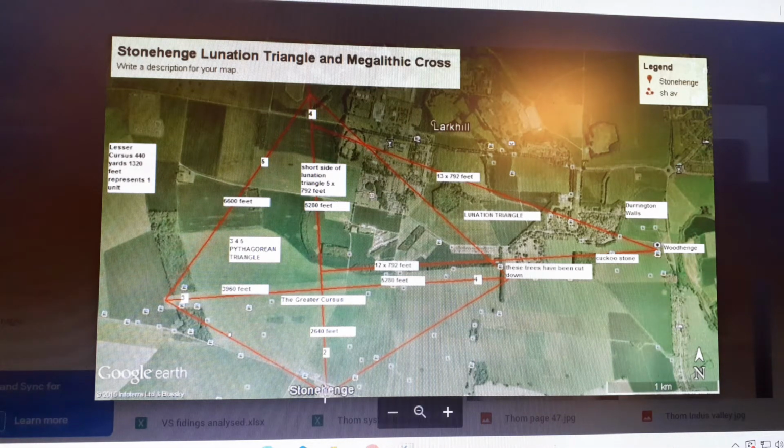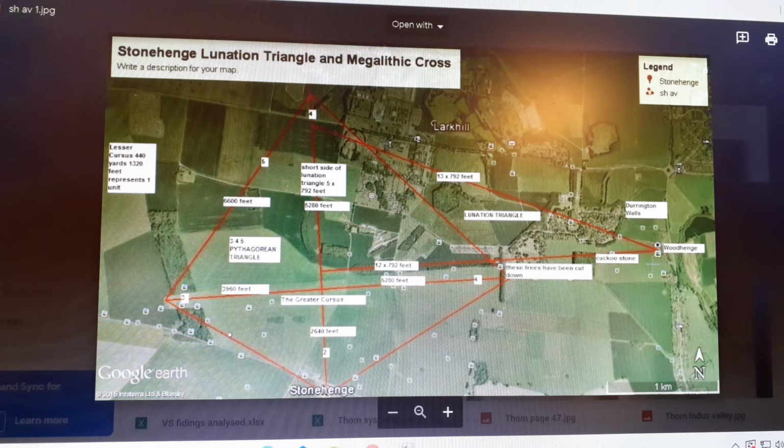And we're finding here that when we draw this line from Stonehenge to Aubrey, and we draw this line at right angles to it, we get the Woodhenge lunation triangle, and the unit is 792 feet. We get 3/4 of a mile here, which incidentally is 1200 ancient meters. And we get this other distance here, which is in imperial measure, which is 12 times 792 feet.